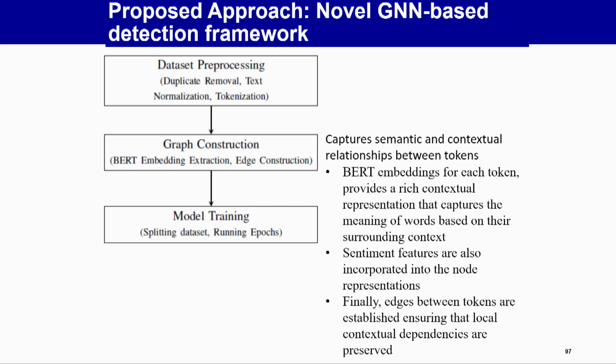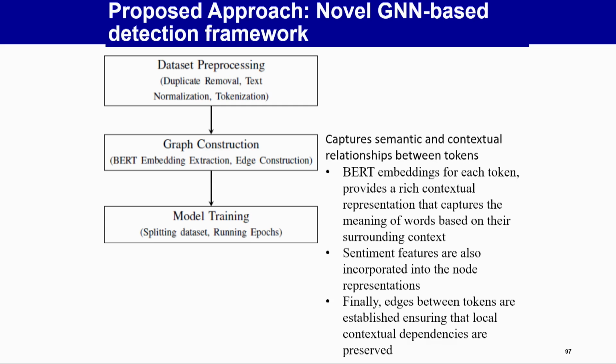This BERT embedding that is already available provides a rich contextual representation that captures the meaning of words based on their surrounding context. Here, sentiment features are also incorporated into the node representation.